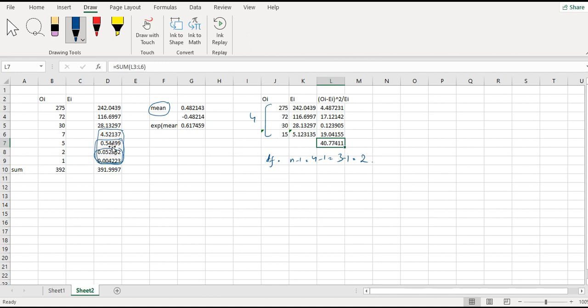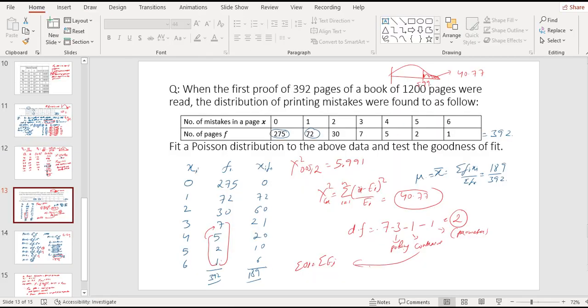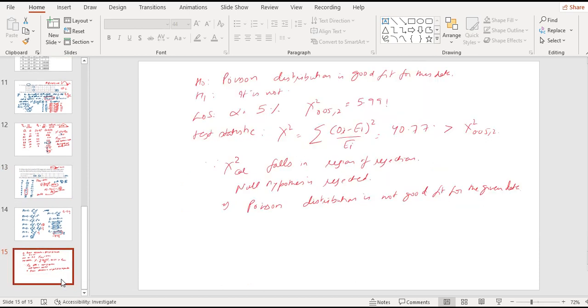When we pool, we automatically lose degrees of freedom. Because we have pooled 3 cell frequencies, we lose 3 degrees of freedom, and after adjusting the degrees of freedom, we check the value from the chi-square table and compare the critical value with the tabulated value, and on the basis of that we decide whether to accept or reject the null hypothesis.